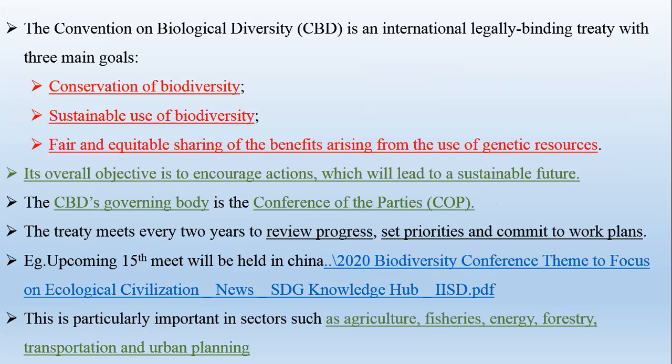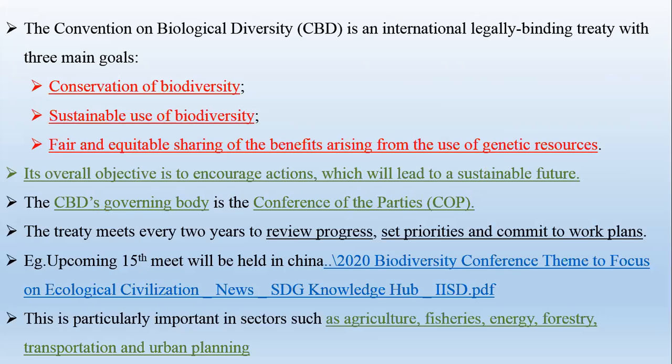The Convention on Biological Diversity is an international legally binding treaty with three main goals. Okay, so these are three goals which are very important, which can be the heart of this Convention on Biological Diversity. The first is conservation of biodiversity.